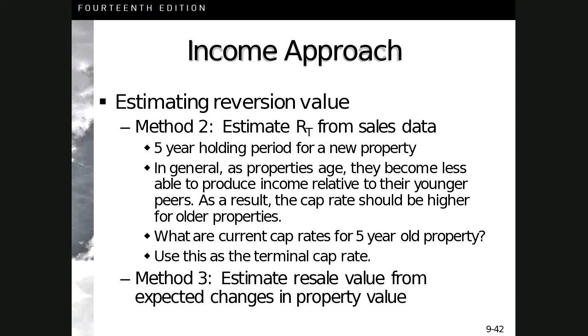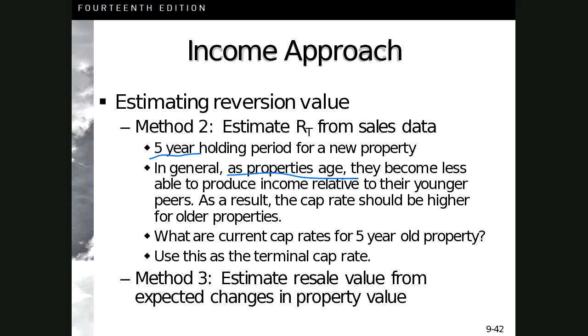Method number 2, estimate the terminal cap rate from sales data. So basically, suppose we have a 5-year holding period for a new property. In general, as properties age, they become less able to produce income relative to younger peers, because people like to stay in younger facilities and apartments, because their features are new, facilities are new.